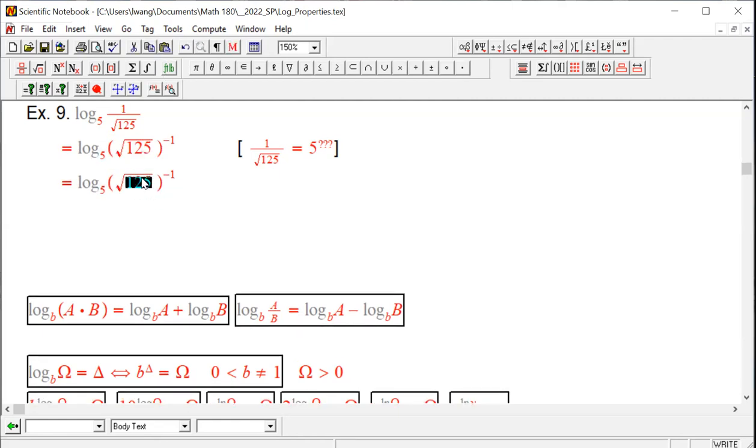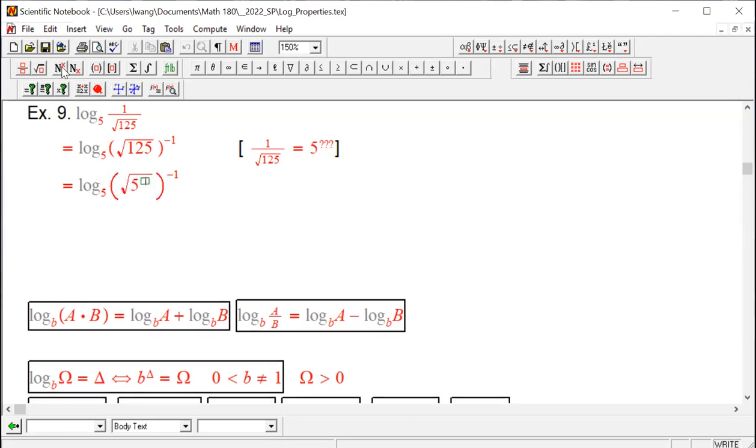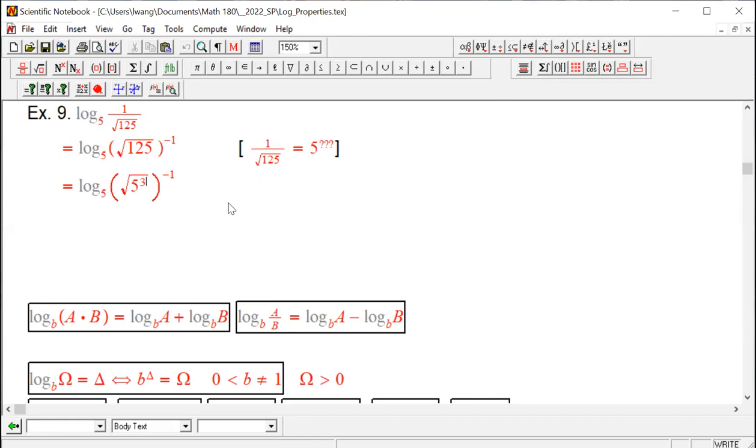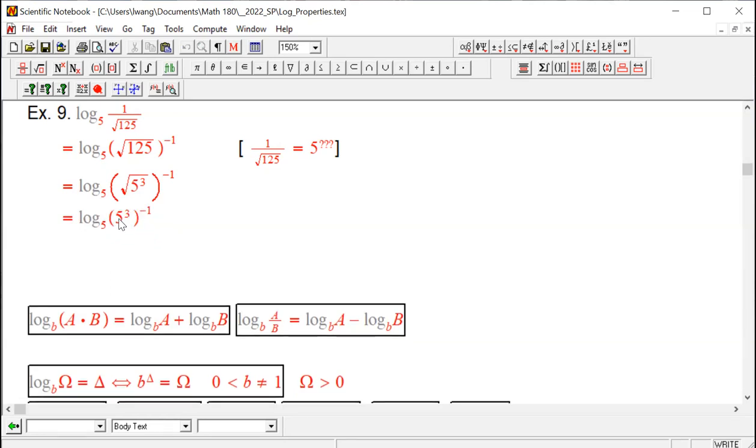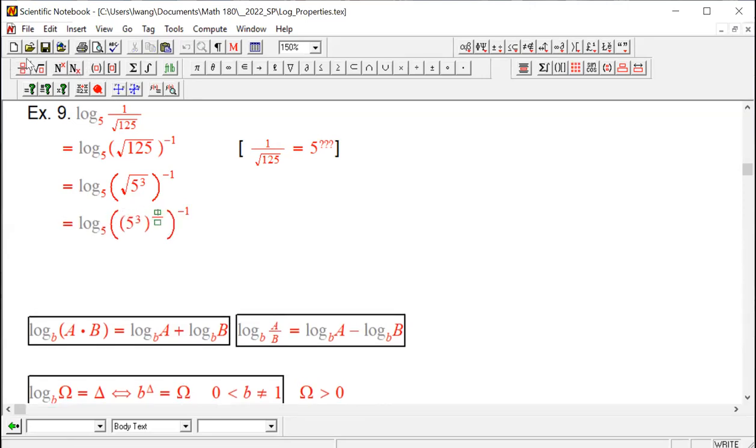Yes, it's 5 to the power of 3. 125 is 5 to the power of 3: 5 times 5 times 5. 5 times 5 is 25, and 25 times 5 is 125. So we have all these powers. For the square root, we're going to convert that to the power of half. So this is the sequence of conversion.